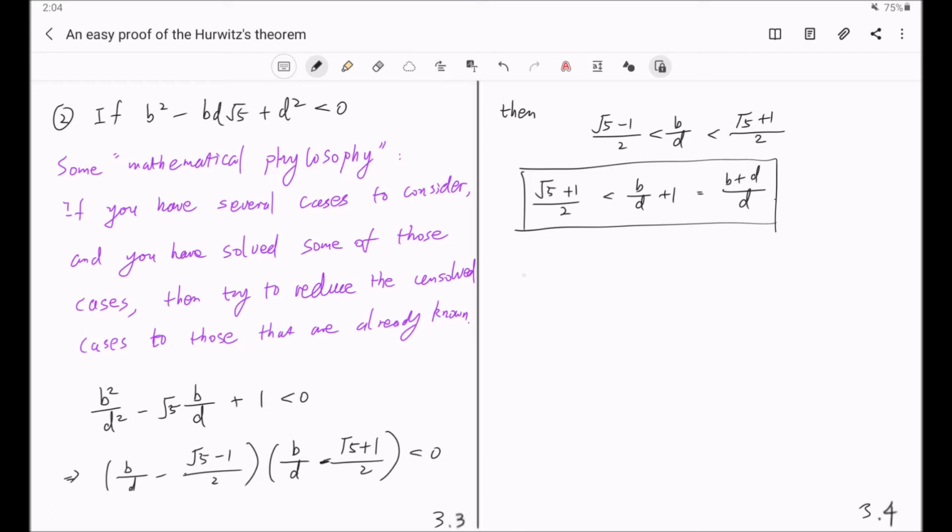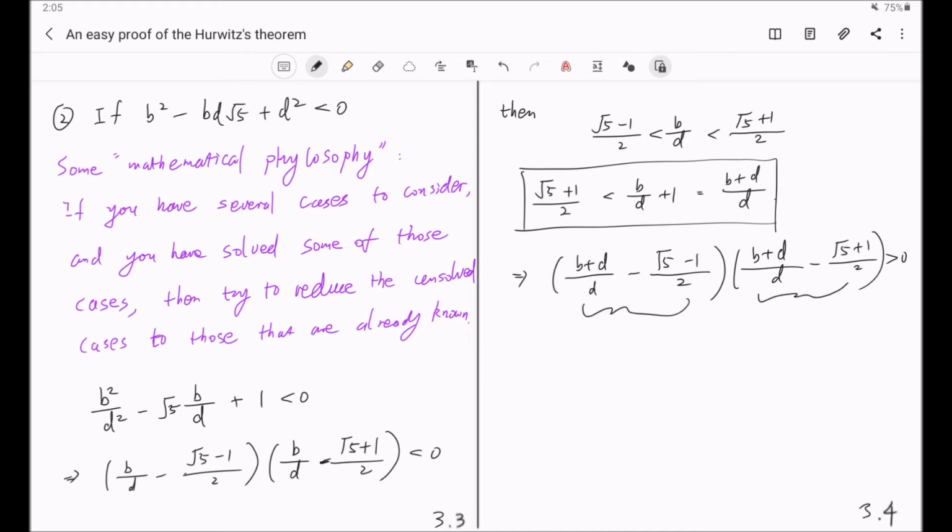This tells you that b plus d divided by d minus (square root of 5 minus 1) over 2 times b plus d divided by d minus (square root of 5 plus 1) divided by 2 is greater than 0 because both of them are greater than 0.